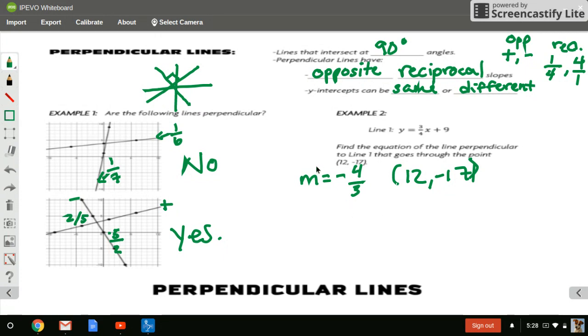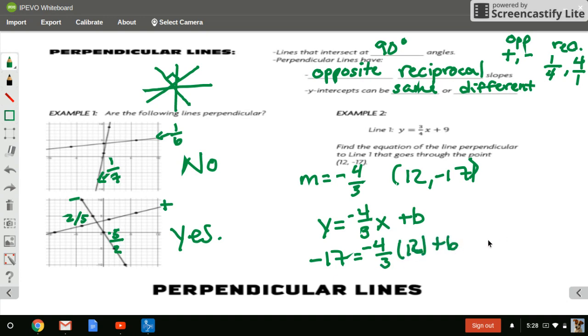Doing just the same thing that we did on parallel lines, we have y is equal to negative 4/3 x plus b. We're trying to find our b, so we're going to plug in the point that we do know for x and y. So negative 17 is equal to negative 4/3 times 12 plus b. I'm going to come up here so I don't run out of room. Negative 4/3 times 12 is negative 16.